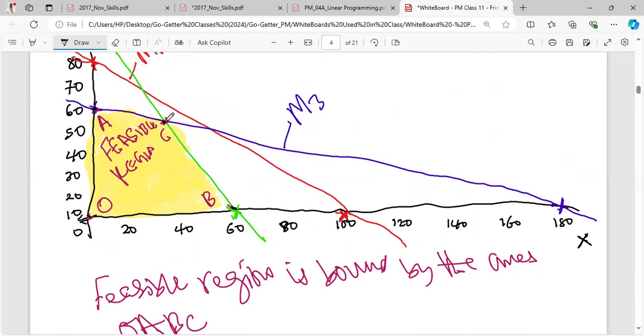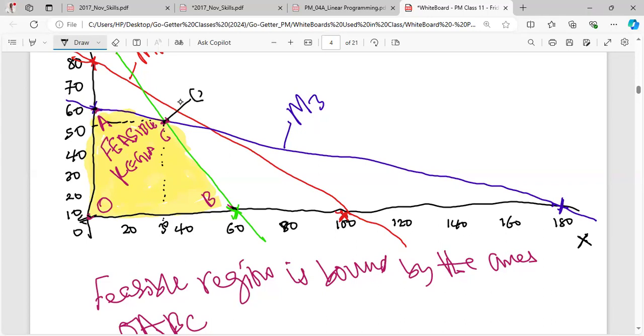Assuming we know, if it is a graph that we are plotting, if it is a real graph, C would have been something close to, let's say, this is 30 and this is 50. But we can't assume. We are not using a graph, and you may not be given a graph in the exam. So what do we do?